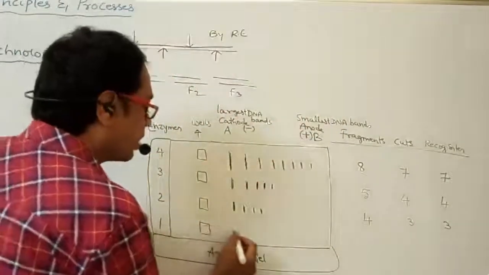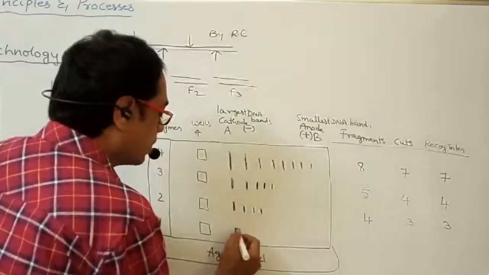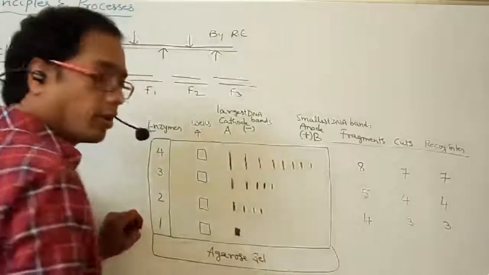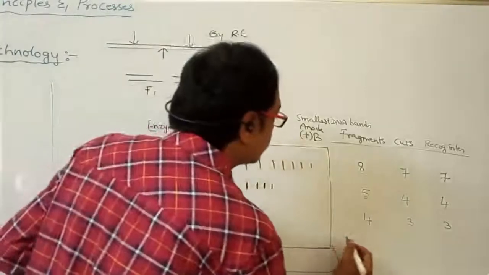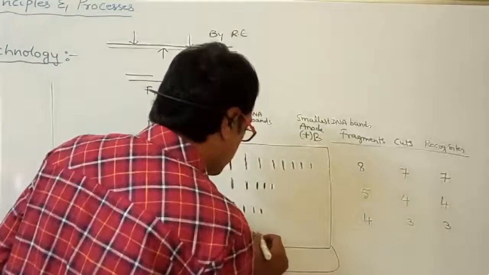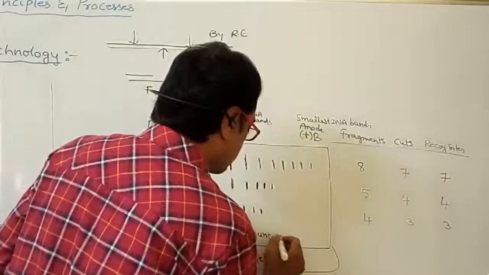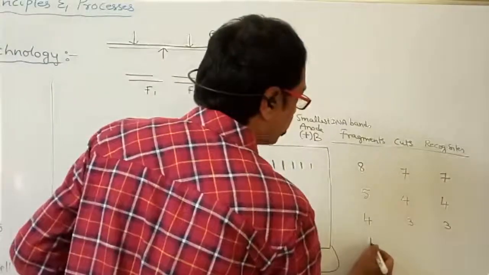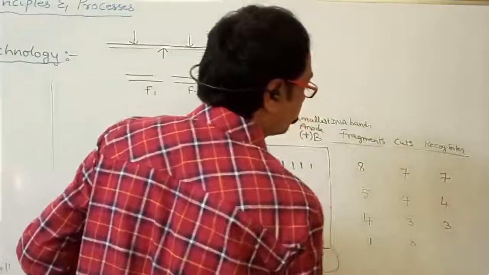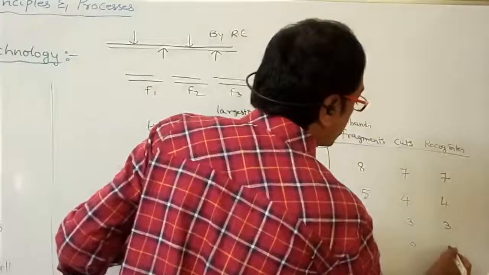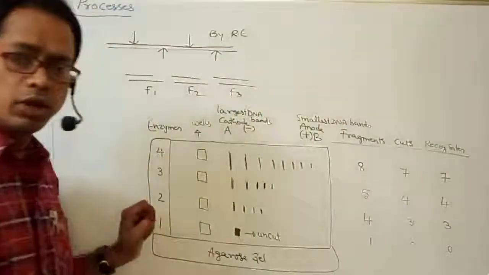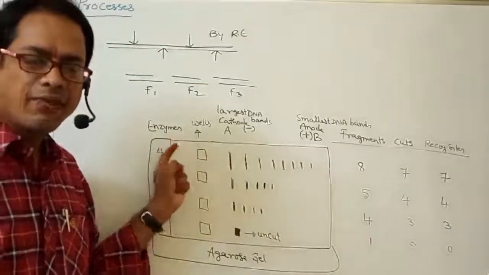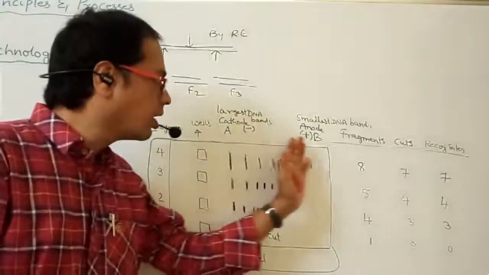And for enzyme 1, only one fragment is there. It is uncut. Number of fragments is 1, cuts 0, recognition sites 0. Like that we have to count. So the DNA bands or DNA fragments will move towards the anode.